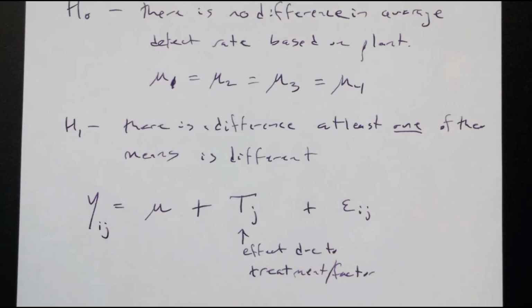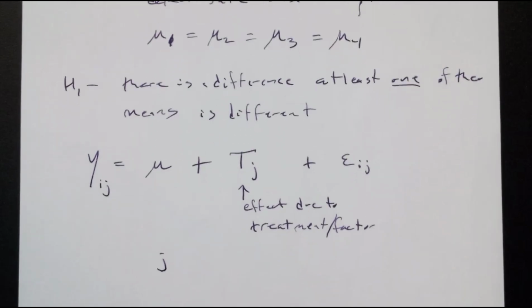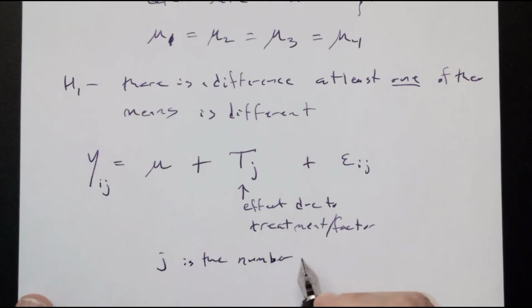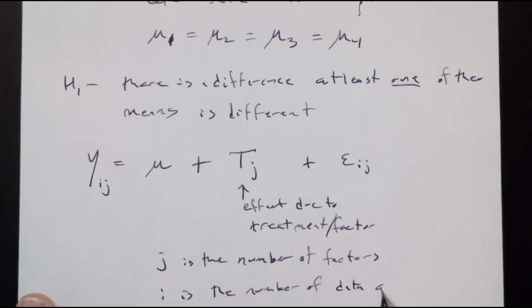These subscripts represent the different observations I did, that's I, at each treatment, each plant, J. So J is the number of factors. I is the number of data gathered per factor.